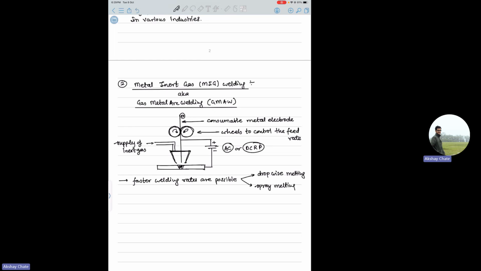So as you can understand, when you have high current and high feed rates, this metal will be immediately melting, and then it will be like a spray. From electrode to workpiece, it can sometimes be transferred like spray. Okay, so that depends on how much current you are using.